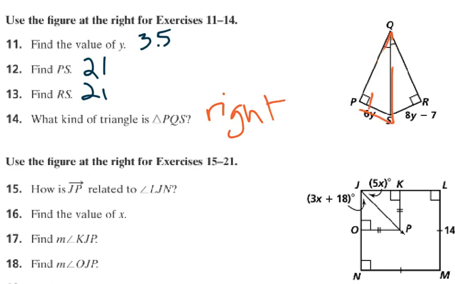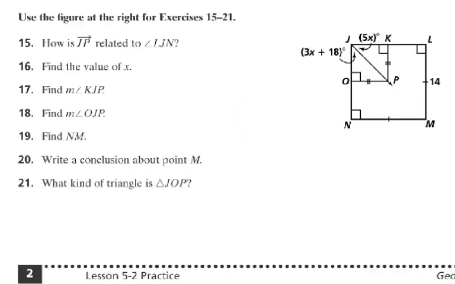And that's the answer. Alright, so the last one, I do want you to try to read it by yourself first so that you can see whether you would be able to answer these. The first question says, how is ray JP related to angle LJN? Yeah, LJN, it was hard to see.